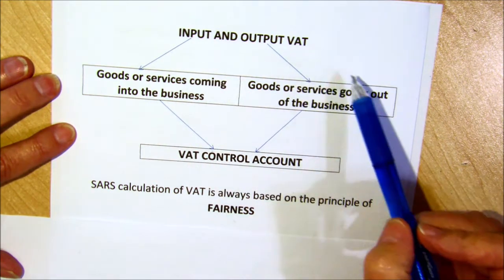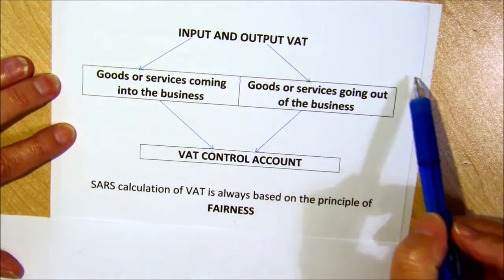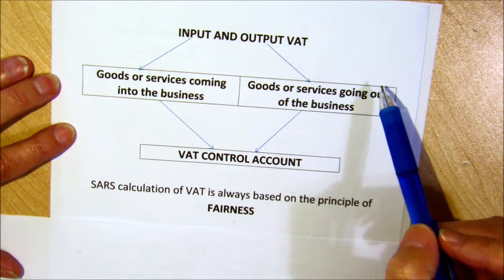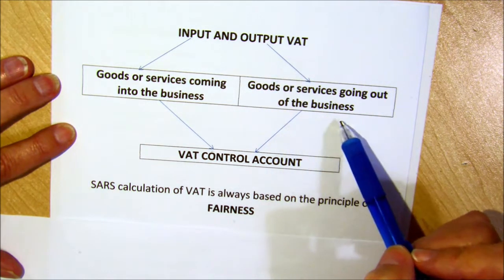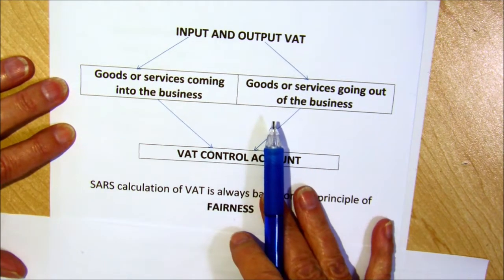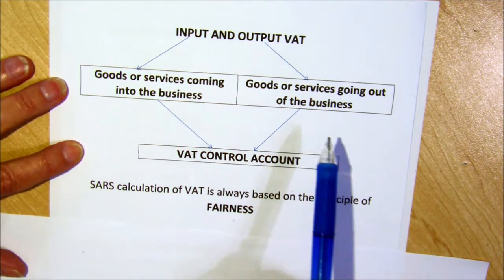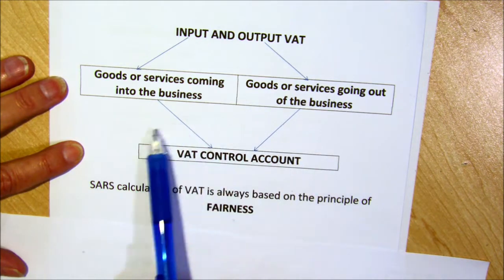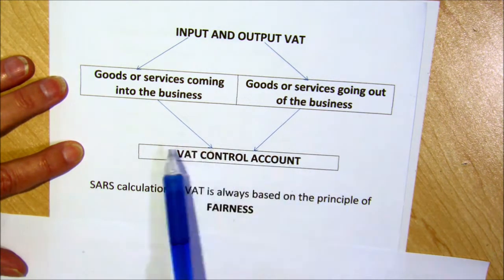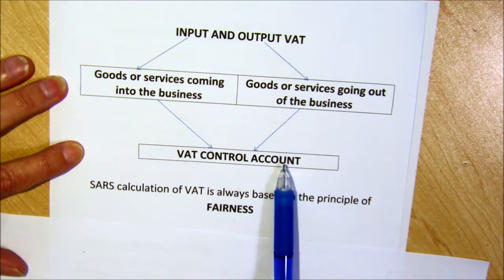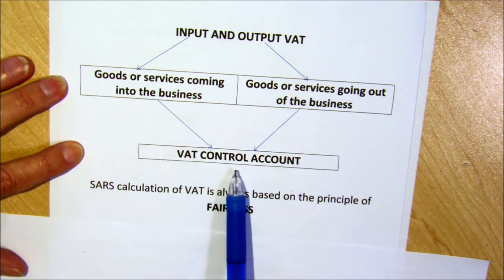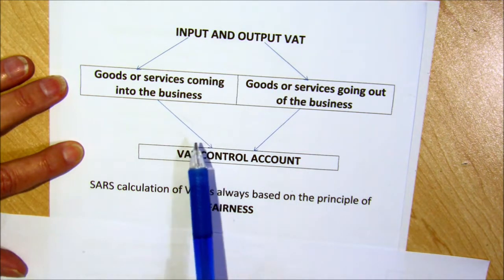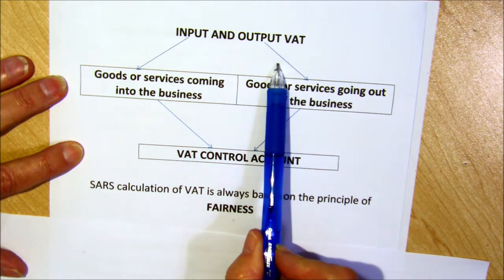On the other hand, you will be collecting VAT on all your sales and all the goods that are going out of the business. At the end of the 2-month period, this input and output VATs are combined into a VAT control account. And the purpose of the VAT control account is to work out which is bigger, the input or the output.